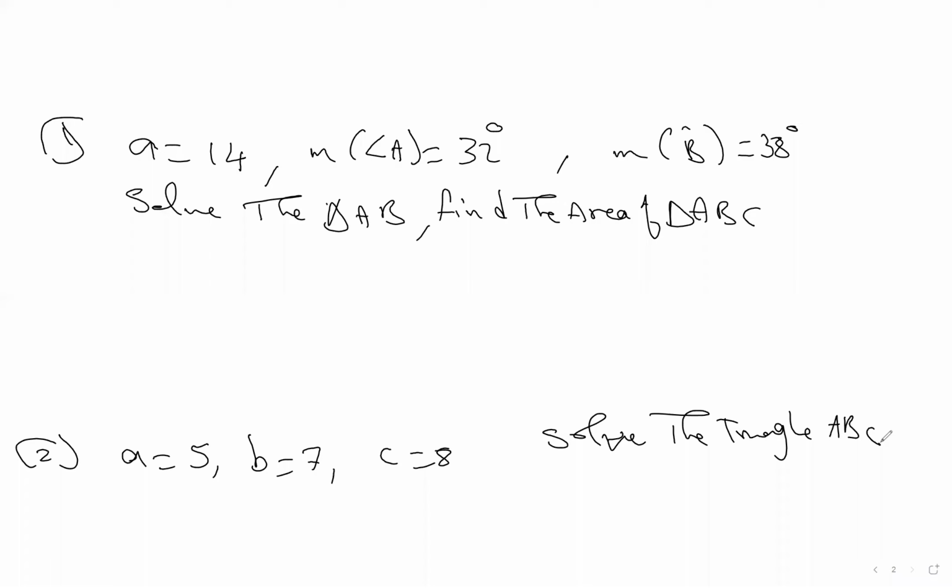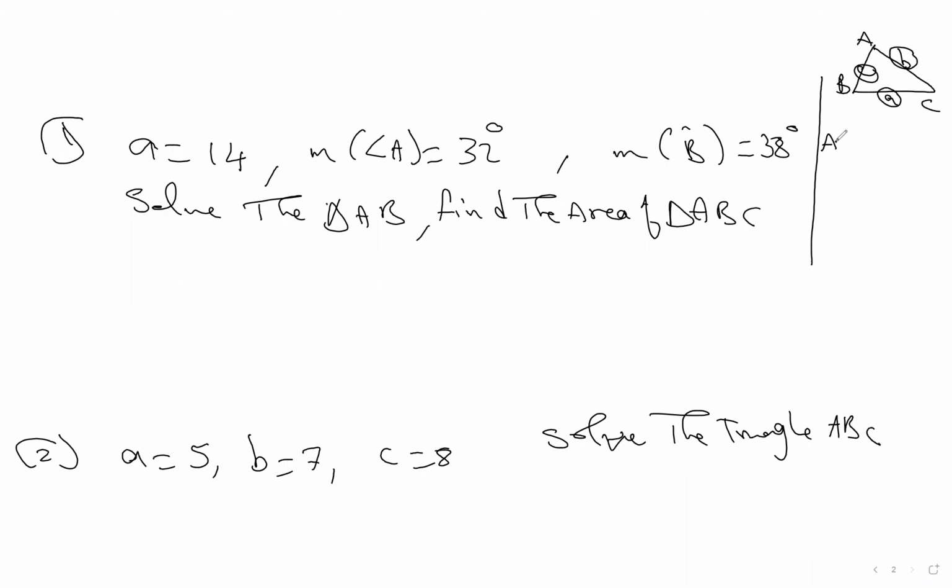Okay, then now, after solving this triangle, you can find the area. You know the area? If you have triangle ABC like this one, A, B, C. This is a, and this is b, and this is c.